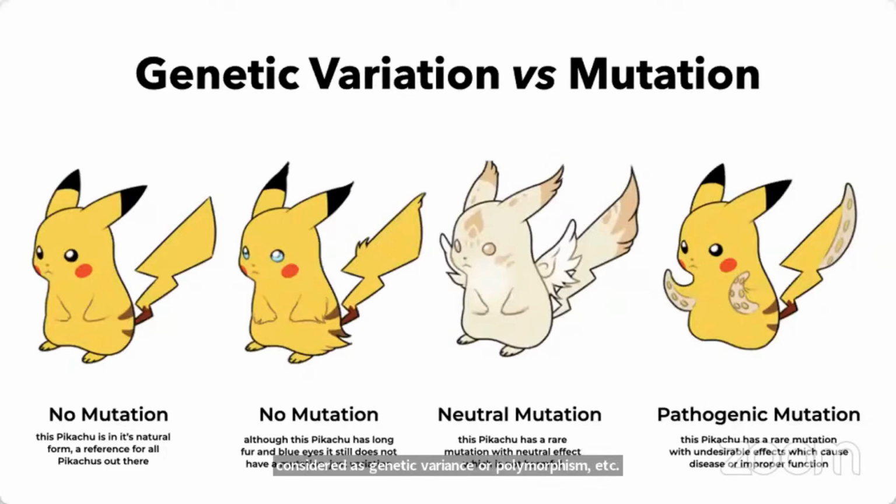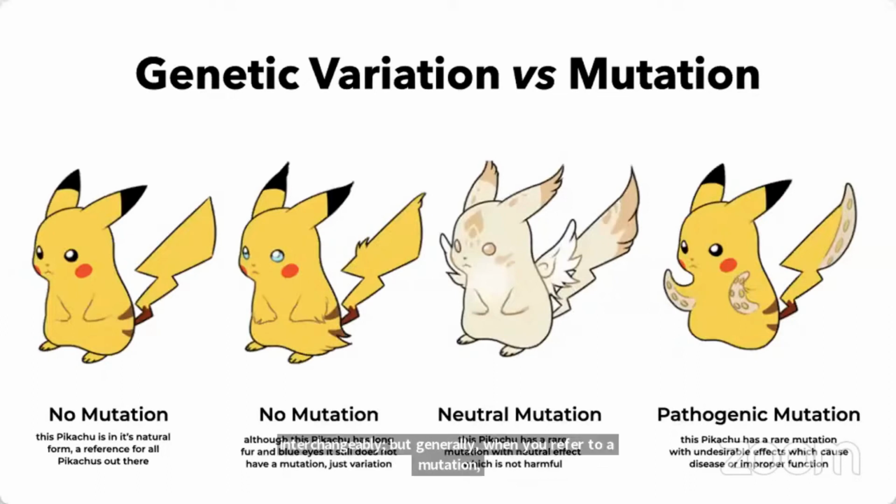But variants that result in loss of function, that result in improper function, that can cause diseases or genetic defects are termed as pathogenic, and hence they are called pathogenic mutations. Sometimes in several publications, the words mutation and variants are used interchangeably, but generally when you refer to a mutation, we always refer to the pathogenic version of the variant.